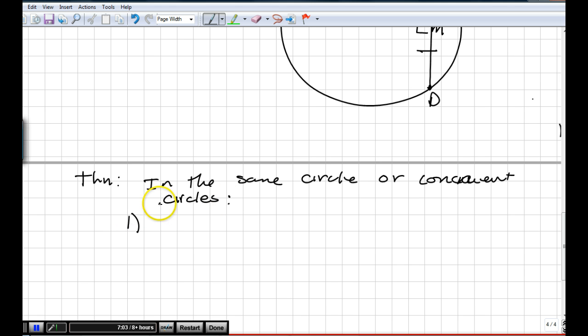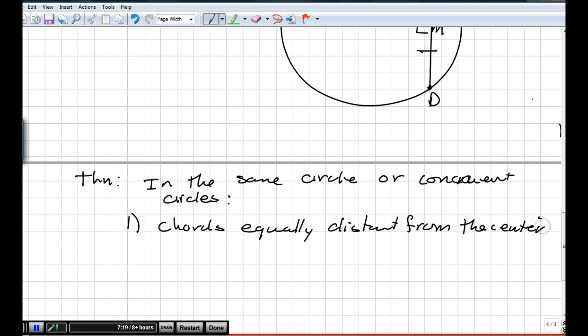Number one, chords equally distant from the center or centers are congruent.